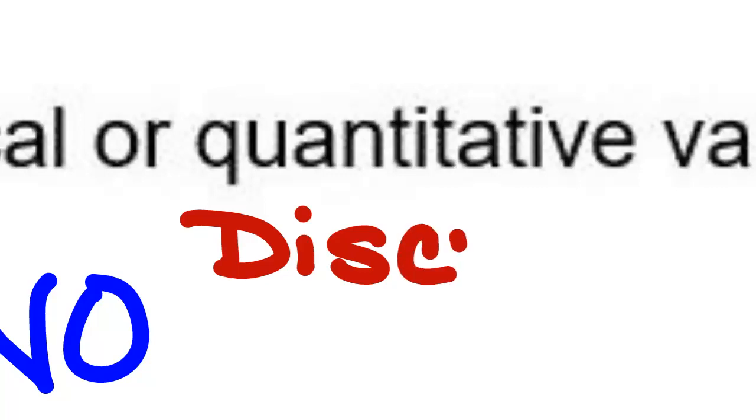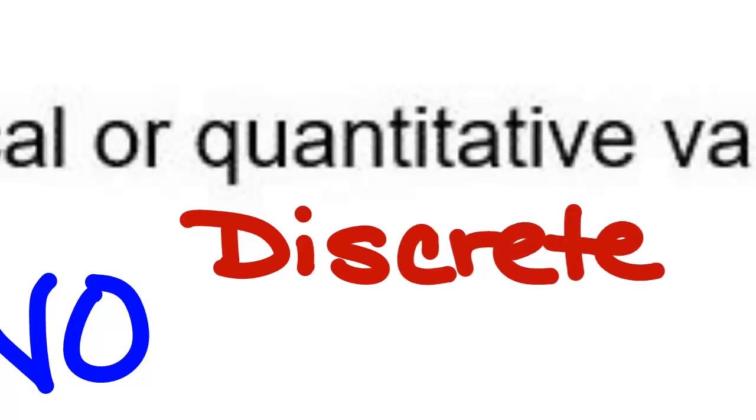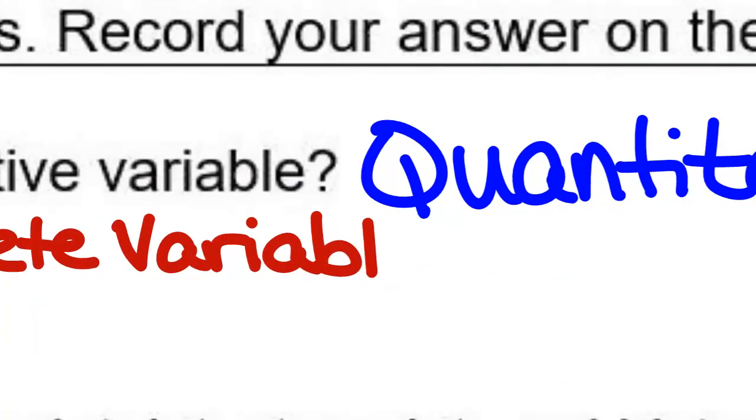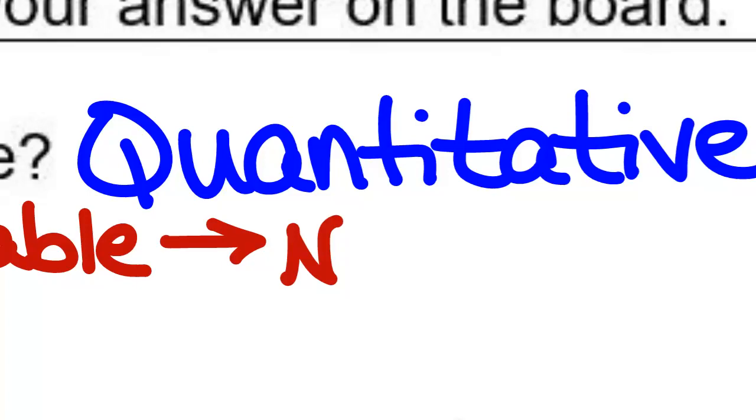When we can't take decimal values, we call that a discrete variable. D-I-S-C-R-E-T-E. With a discrete variable, we have no decimals.